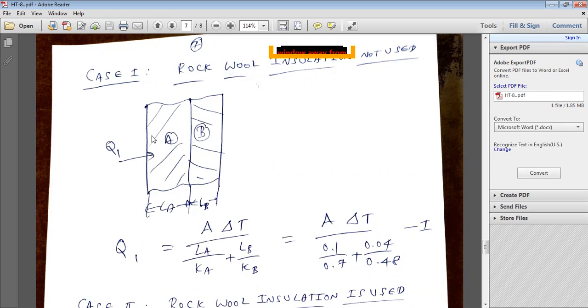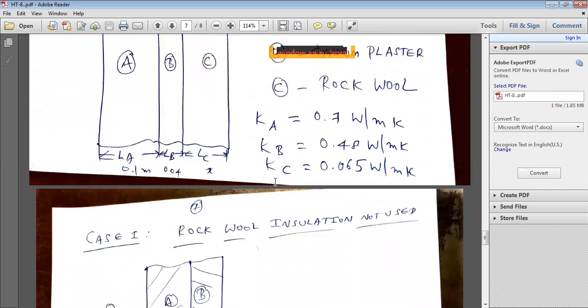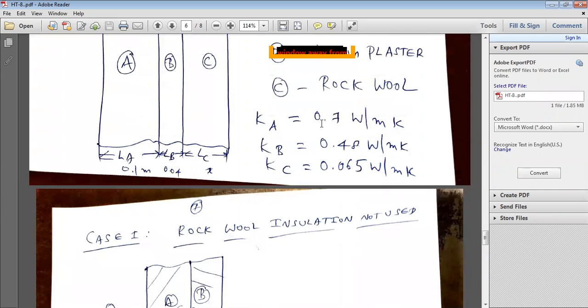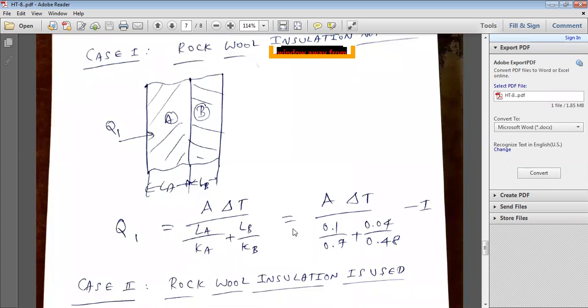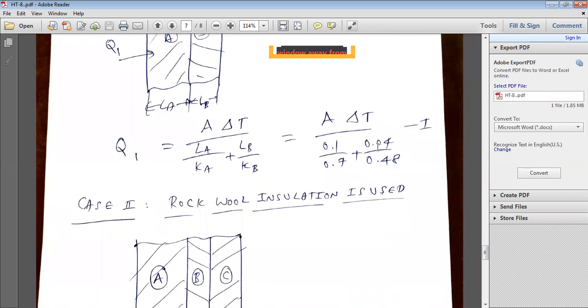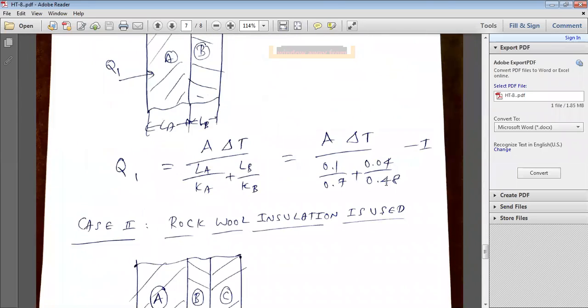That is equal to area into overall temperature difference delta T divided by LA by KA, the thermal resistance offered by material A, plus LB by KB, the thermal resistance offered by material B. So that is equal to A into delta T divided by 0.1 by 0.7 plus 0.04 by 0.48.